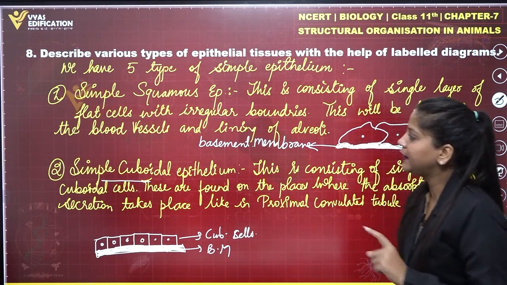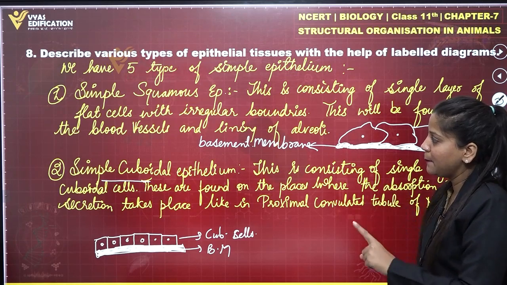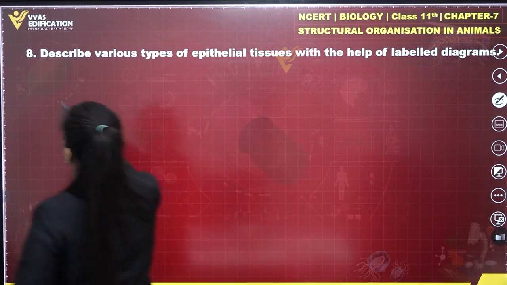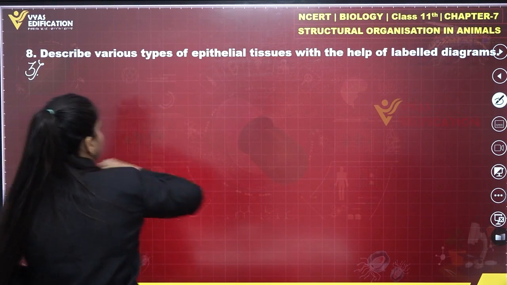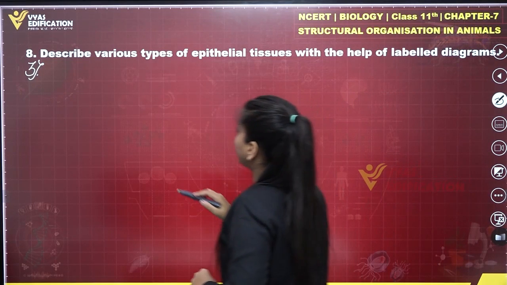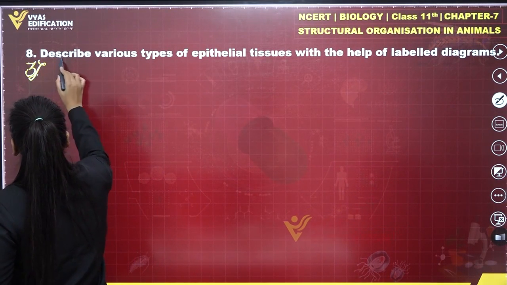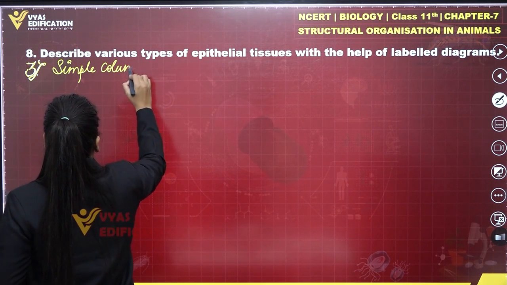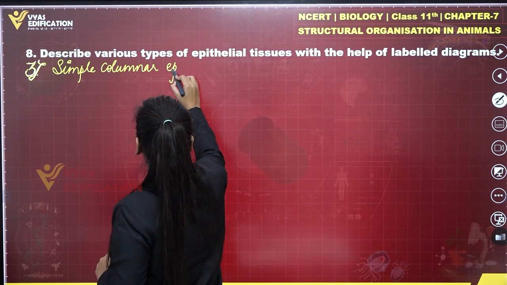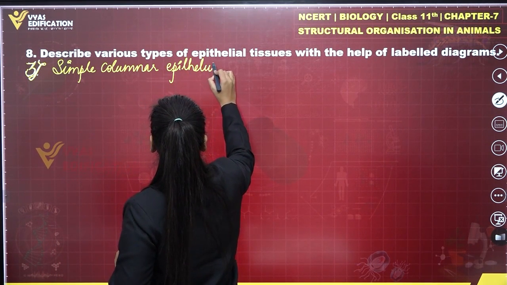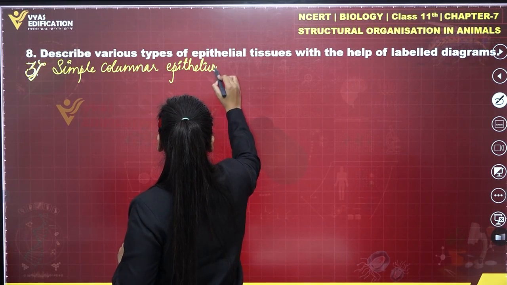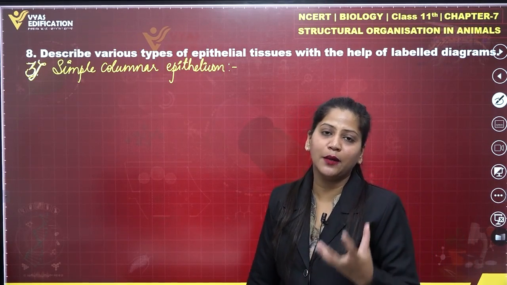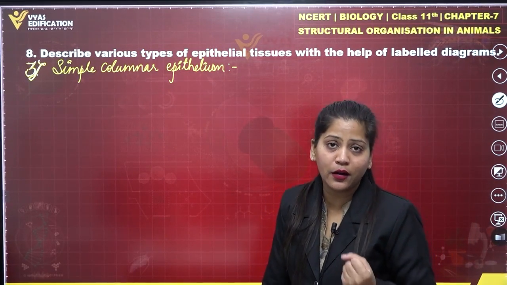Now moving on to the third type of simple epithelium, simple columnar epithelium. As this is a type of simple epithelium, this will also consist of a single layer of cells.